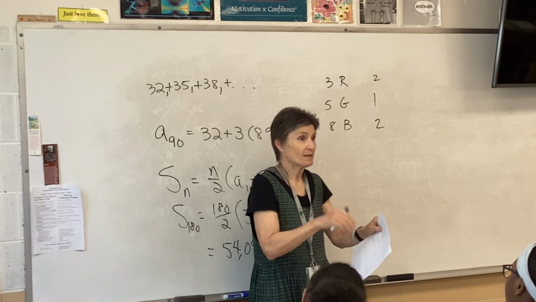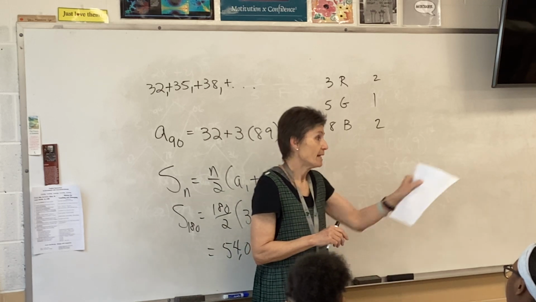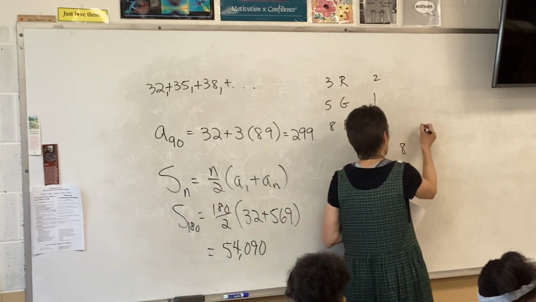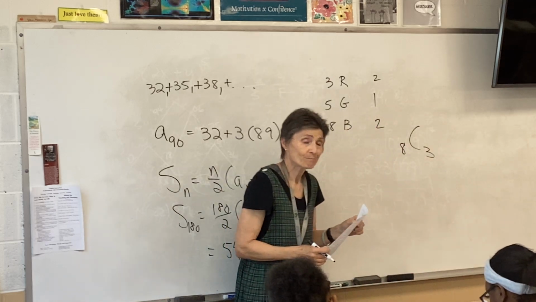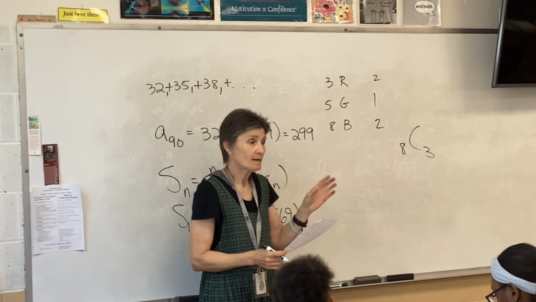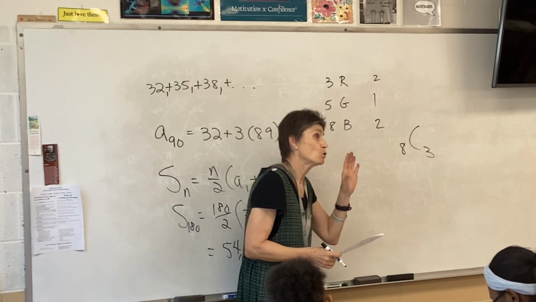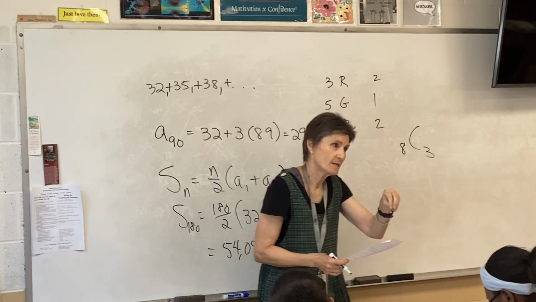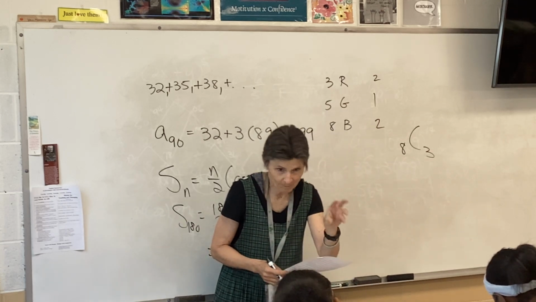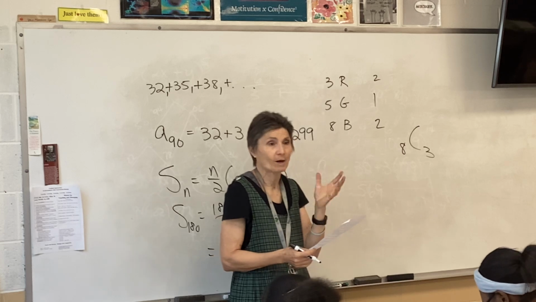And you get to pick 3. 8C3. Why is it C? Because for normal people, if you put the sprinkles on before the nuts, it doesn't matter in what order you put the stuff on, right?